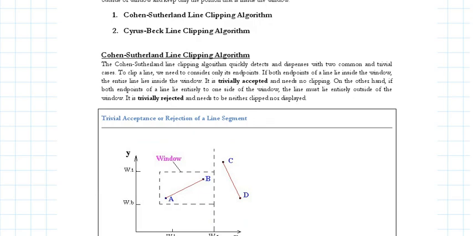In Cohen Sutherland line clipping algorithm, various situations might arise. First, have a look at the general statement for Cohen Sutherland line clipping algorithm. The Cohen Sutherland line clipping algorithm quickly detects and dispenses with two common and trivial cases. To clip a line, we need to consider only its endpoints.